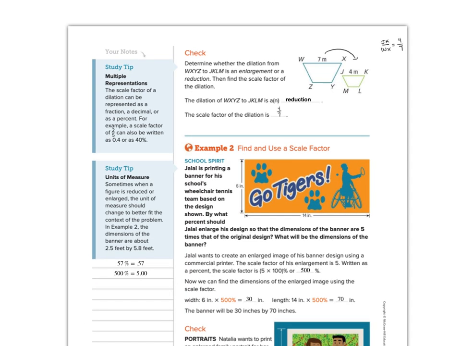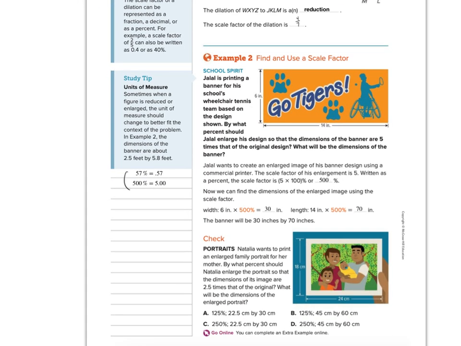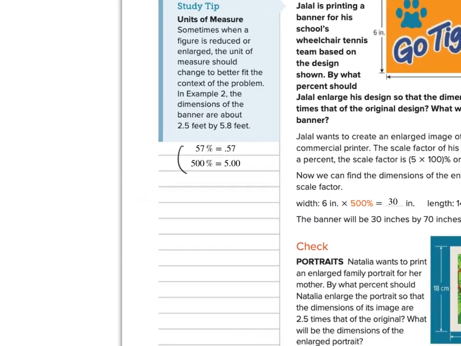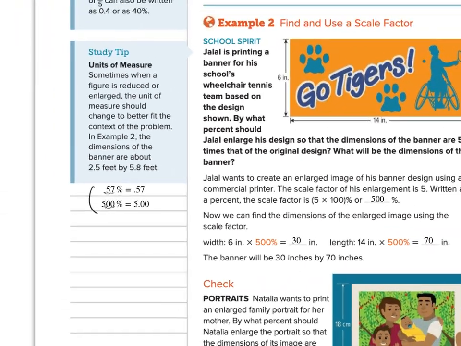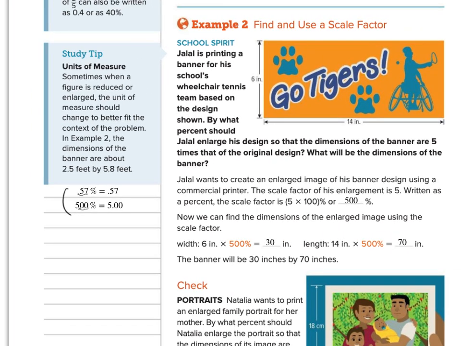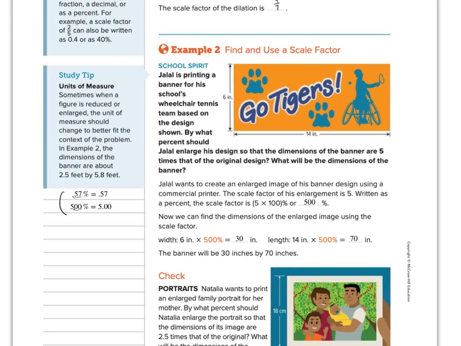I did put over here, just remembering when we were talking about increasing or decreasing a percentage of something, how to calculate, understanding that 57% would be the same thing as 0.57, and 500% would be the same thing as 5 times something. Okay, so as we look at this example, you need to make sure we're comfortable with percentages.